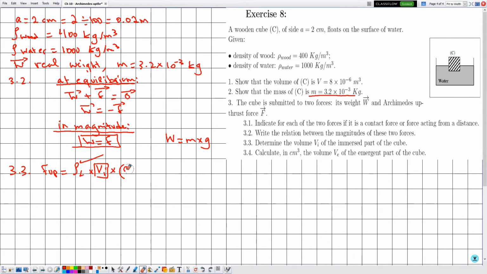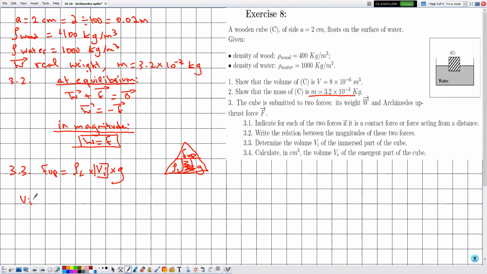But let's check how we will solve this problem. Indeed, let's construct a triangle for this formula, as we shall see that G will cancel out. So this doesn't depend on the gravity itself. So F upthrust, because we have multiplication, will be at the top, rho L, Vi and G at the bottom. We are interested in determining the value of Vi.